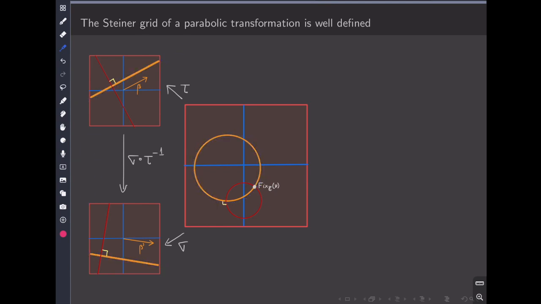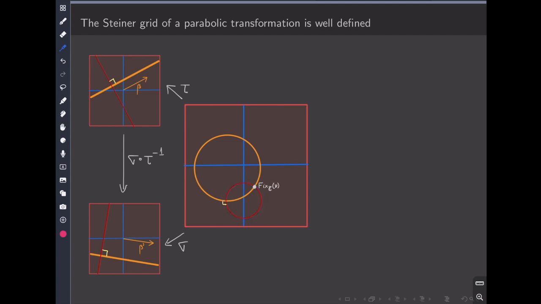Yeah? And hence you conjugate your parabolic transformation with the one fixed point, and then the family of circles, each of which is stable under the transformation, is well defined. And then the other family, which we took kind of arbitrarily, said take the orthogonal one, just has to go to the orthogonal one.